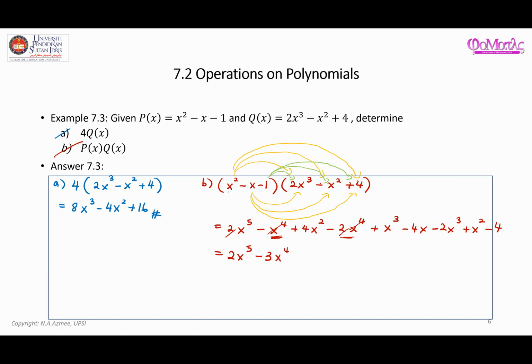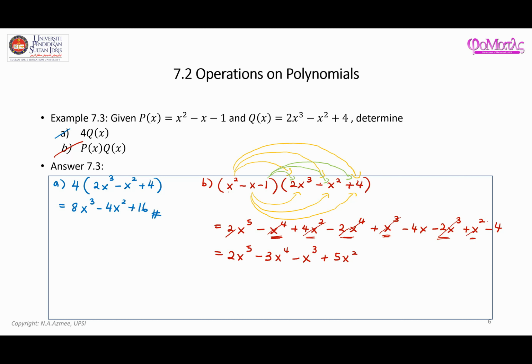Next, x cubed: positive 1 and negative 2 will be negative 1, so negative x cubed. Next we have 4x squared and x squared, so that will be 5x squared.